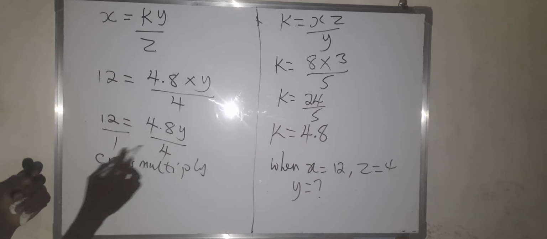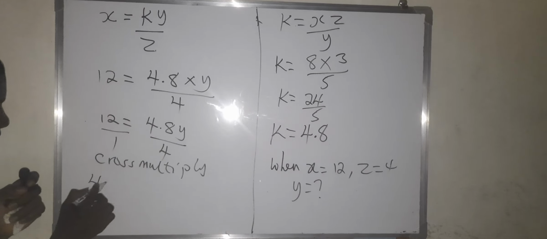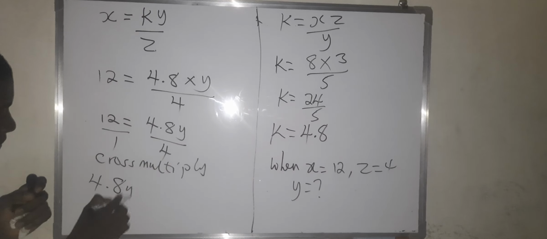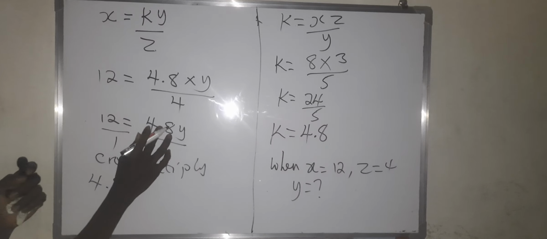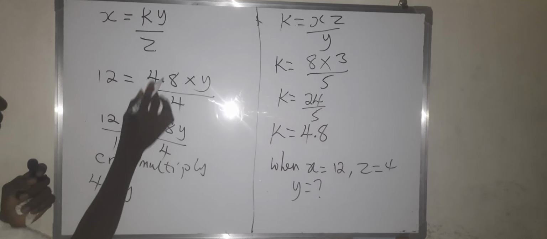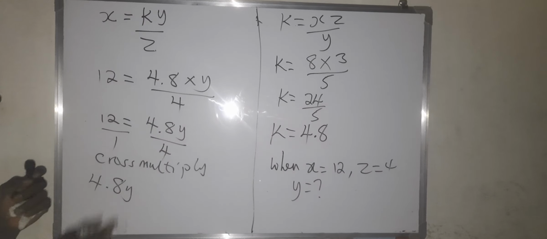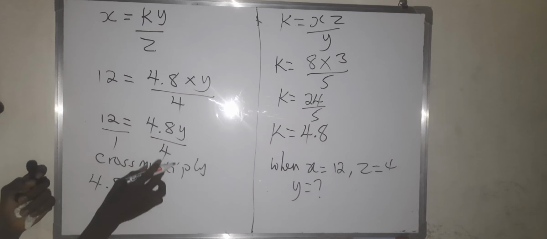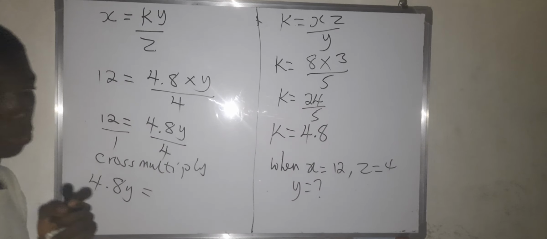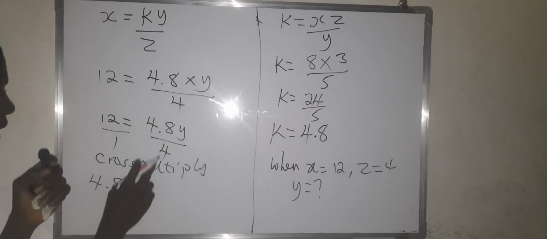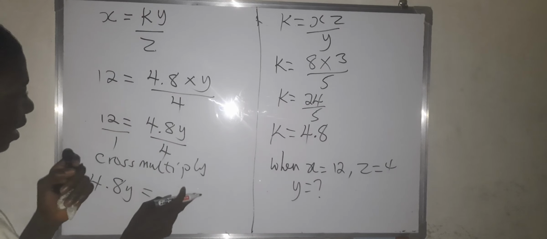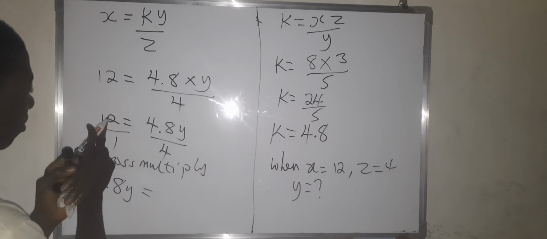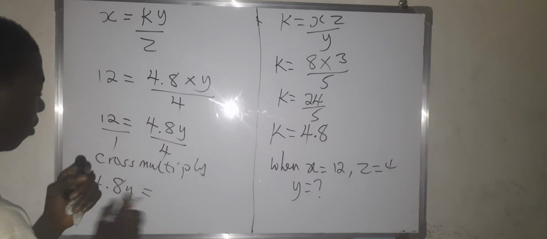So 4.8y times 1 gives us 4.8y, which is equal to 4 times 12. Of course, you can use a calculator. 4 times 2 is 8, 4 times 1 is 4. That gives us 48.